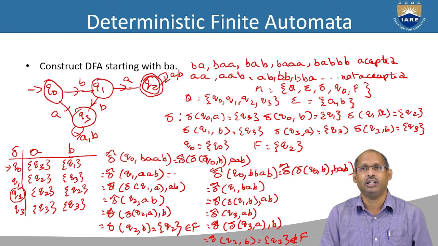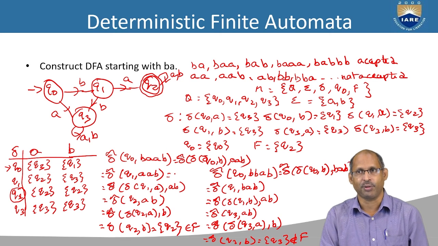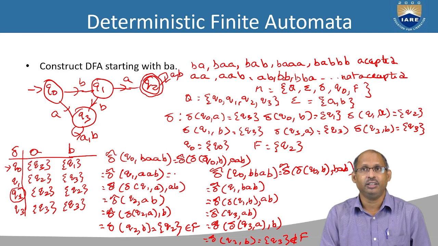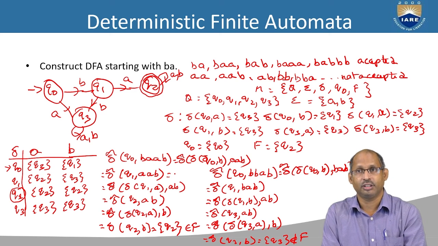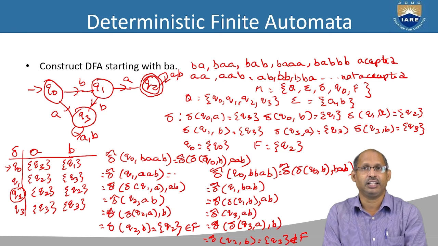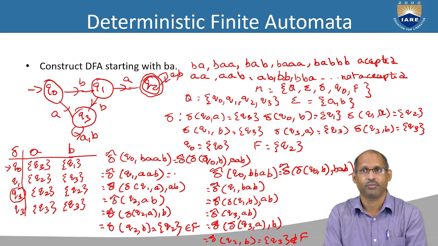So that gives the complete solution for the given problem. Right? Is it clear? So this is the transition diagram, 5-tuple notation, and transition table for constructing a DFA starting with B.